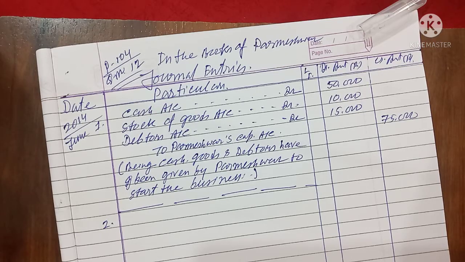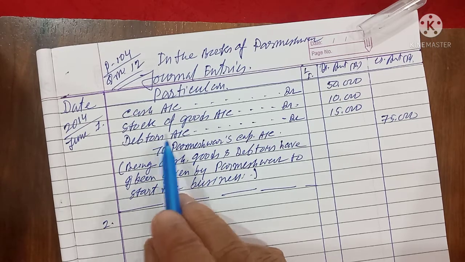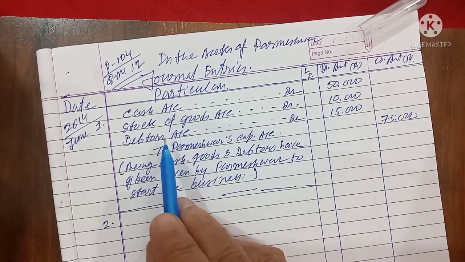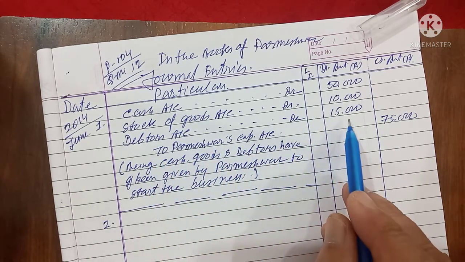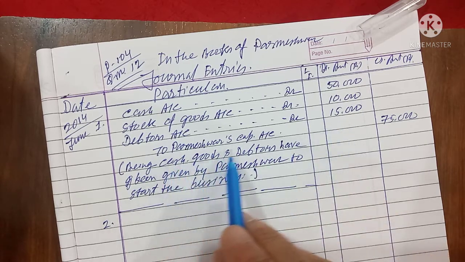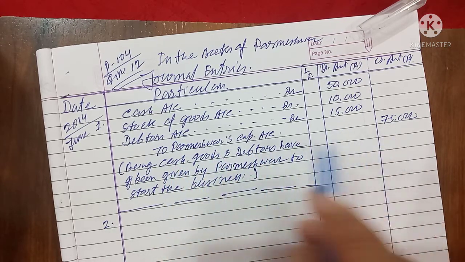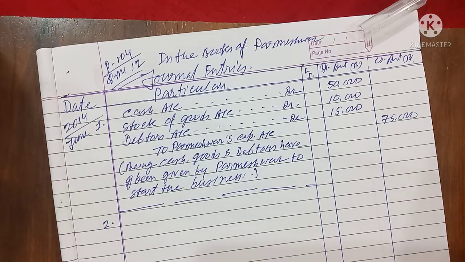The first entry, that is page number 114, question number 12, that I had already done. Once again you pay attention for the first entry: cash account debit of rupees 50,000, stock of goods account debit of rupees 10,000 and debtors account debit of rupees 15,000 to purchaser capital account of rupees 75,000. Up to this we had already done.